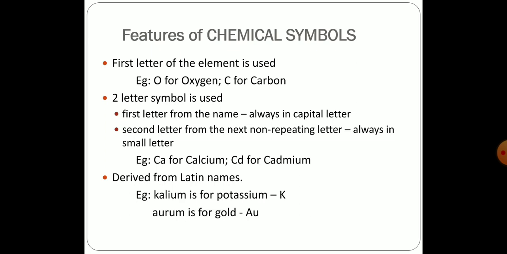Either it can be the first letter of the name of the element, or we go with the two letter form. If the first letter is repeating, then we go to a non-repeating letter and take that as the second letter. Then we can derive some symbols from the Latin names. We have certain Latin names for certain elements, and we can derive the symbols from them.